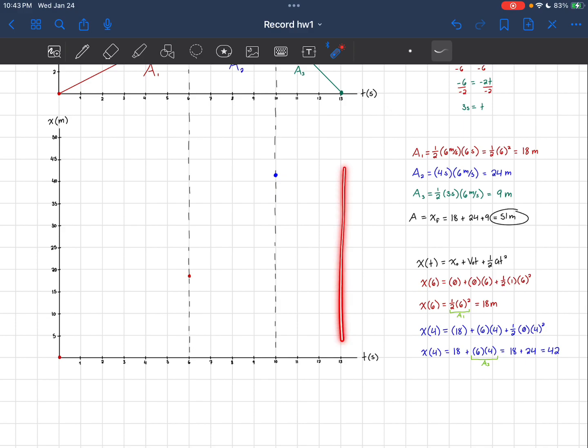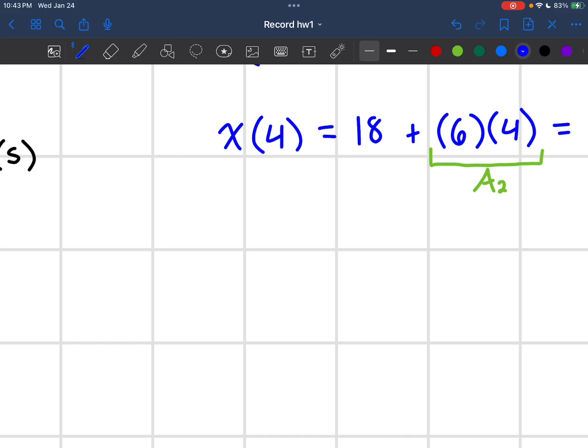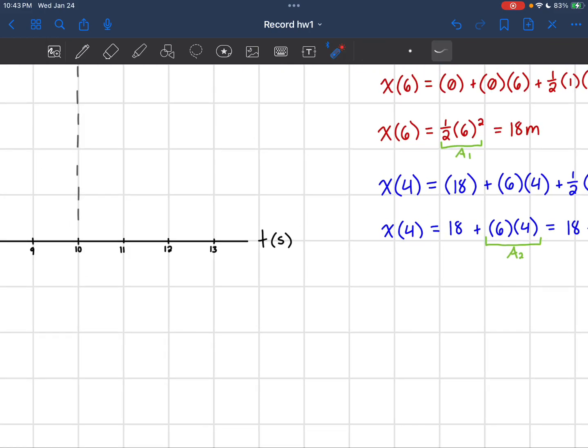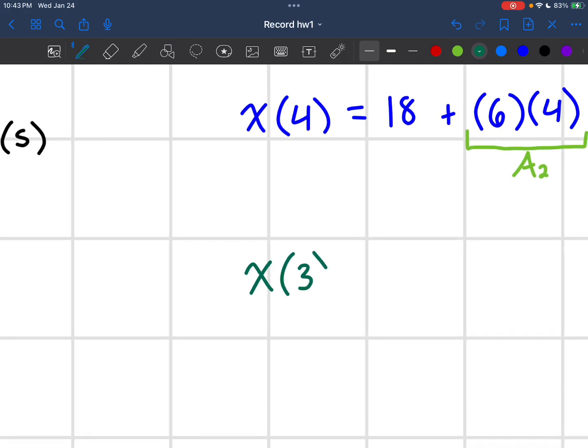Now I just need my total displacement after 13 seconds. And we already solved for it in the previous part of the question, but we're just going to do the kinematics just to show both ways of doing it. So again, now I'm resetting my problem. My new 0 is after 10 seconds. So in total, I'm looking for my position after 3 more seconds. I'll call that x of 3.